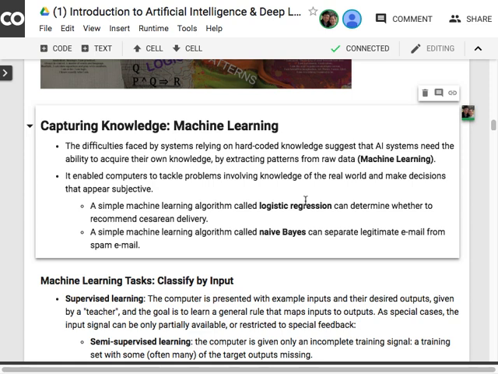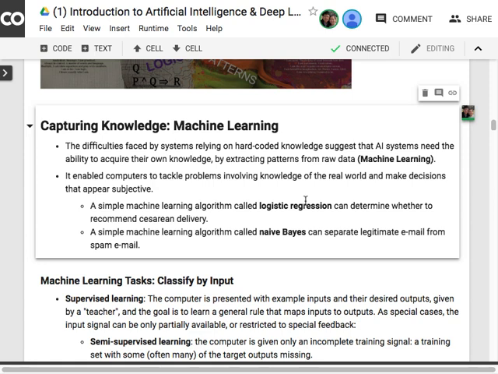The first application of logistic regression was to determine whether or not to recommend that this pregnant woman have a cesarean delivery, the operation that opens the stomach, or not. This is the first kind of machine learning algorithm.